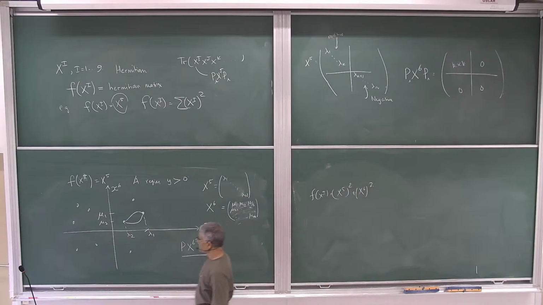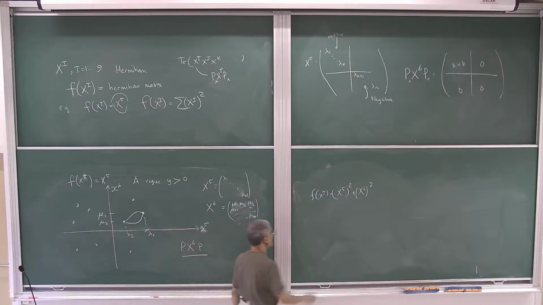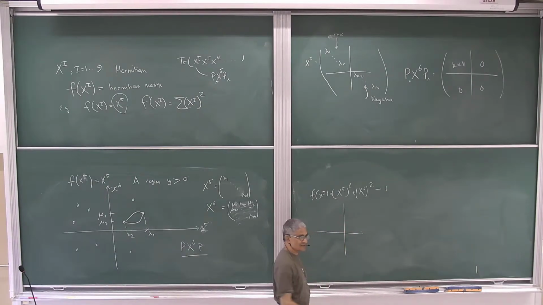Then, don't attach any physics to this picture yet, right? So in terms of those pictures, what you will do is say -1. That's our Hermitian matrix. Okay.